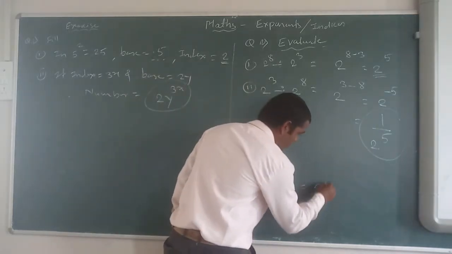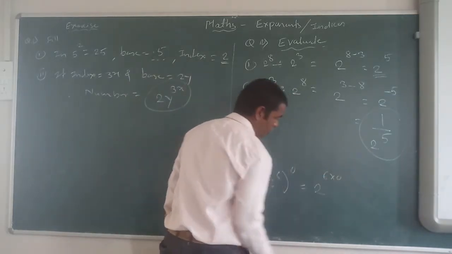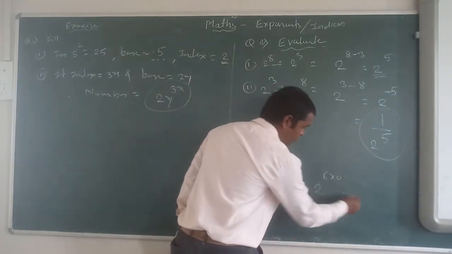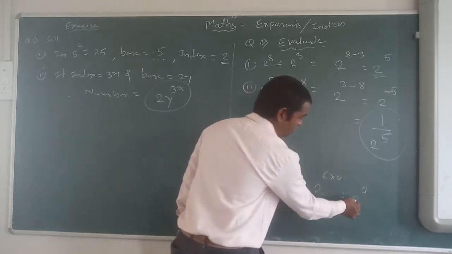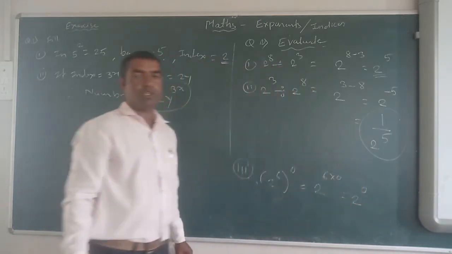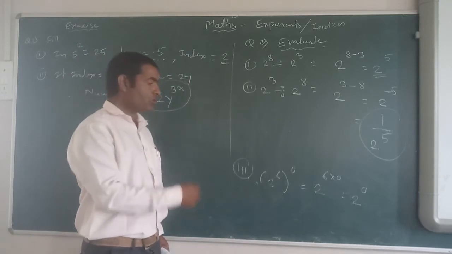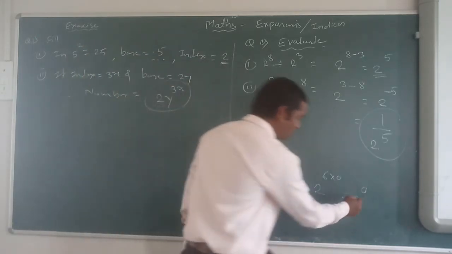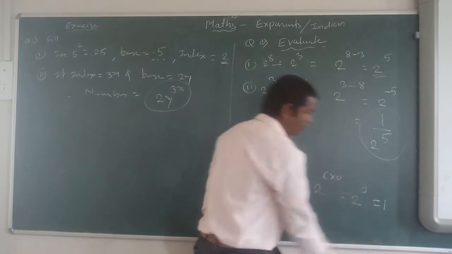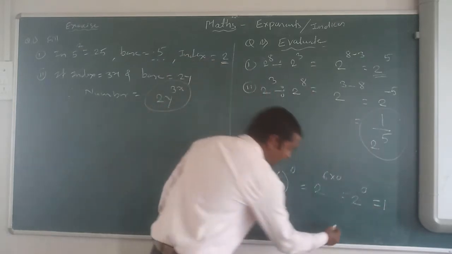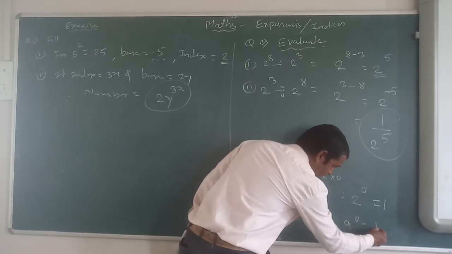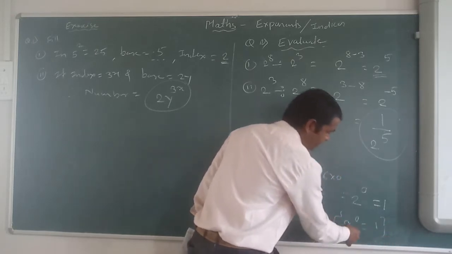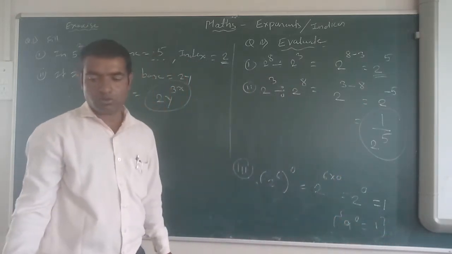So 2 raised to 6 into 0, that means 2 raised to 0. And we know, as I have told you, any number raised to power 0, the answer will be 1. So 2 raised to 0 means 1, because we have already studied that a raised to 0 is equal to 1. This law I have explained already.